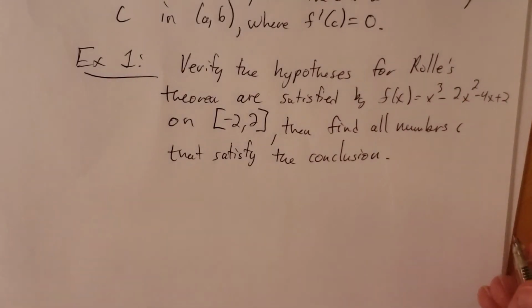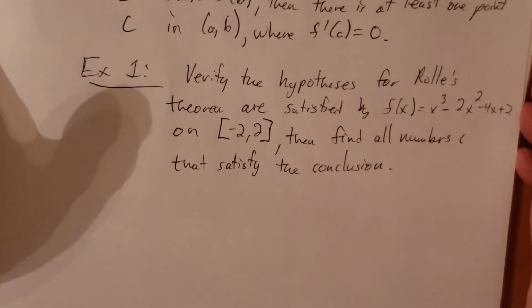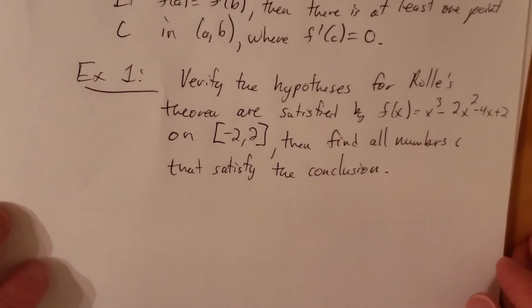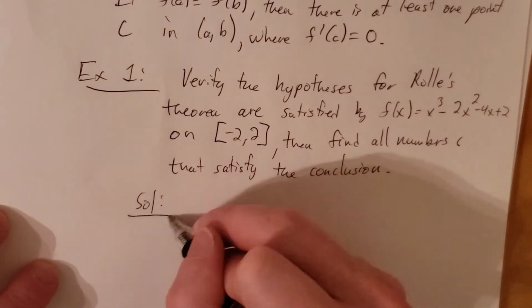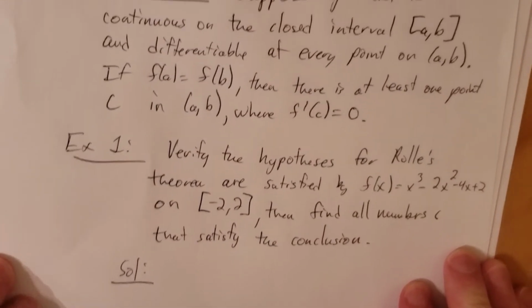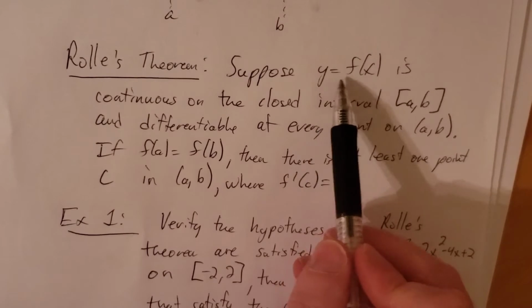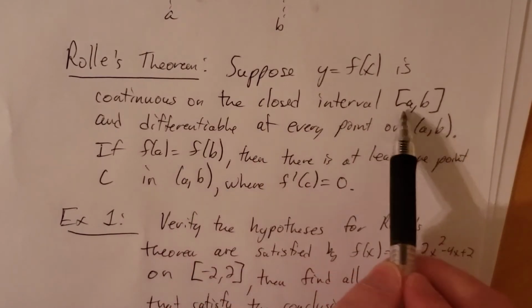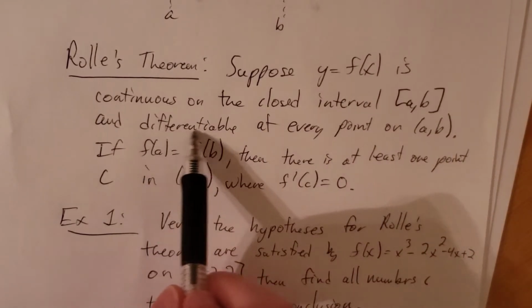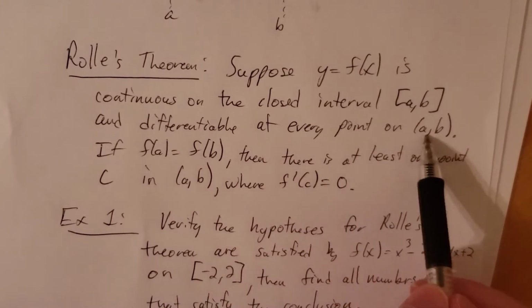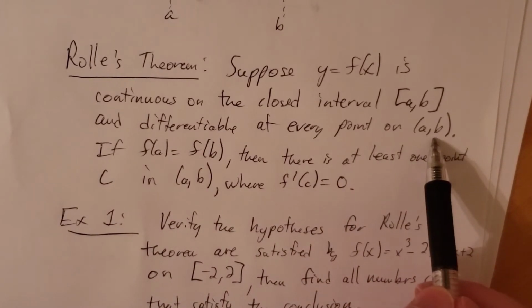Okay. So, how do we do this? Well, the first thing is we want to verify the hypotheses for Rolle's theorem. So to do that, first, what are the hypotheses? There's really three. The first one is that our function f of x is continuous on this closed interval. The second one is that the function is differentiable on the interior of that interval.